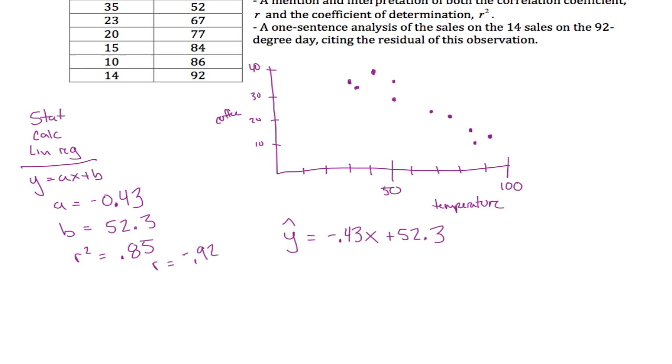So what that is saying is that we have a slope and an intercept. The intercept tells you that if temperature were 0, maybe 0 degrees, we'd expect to sell 52.3 cups of coffee.